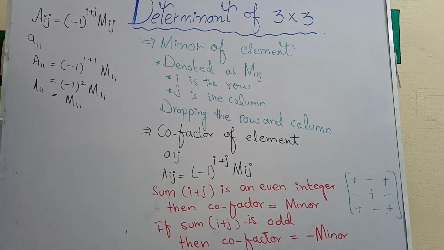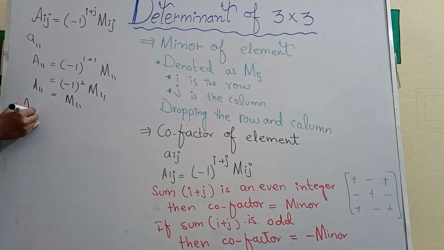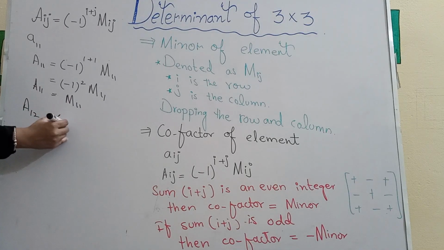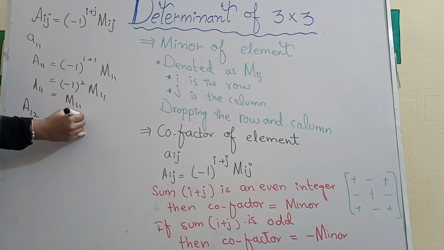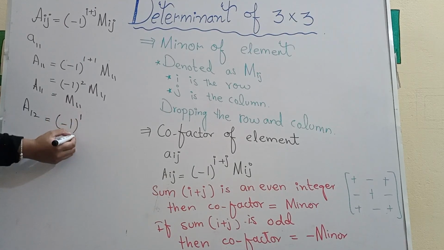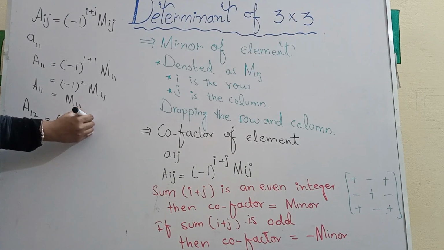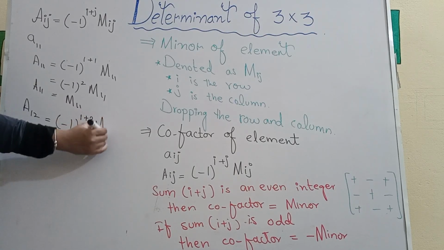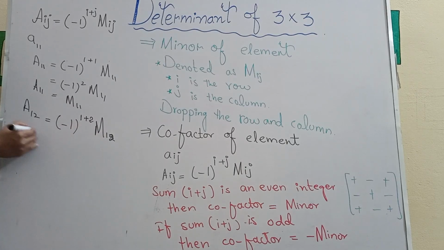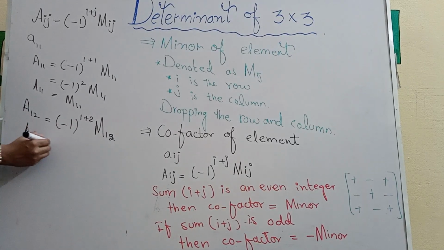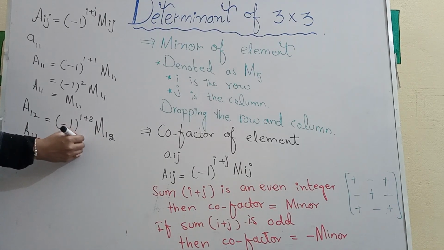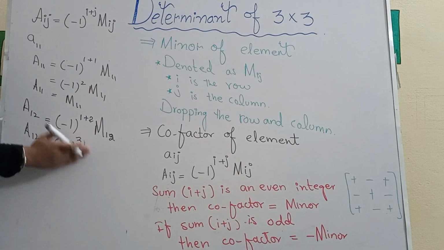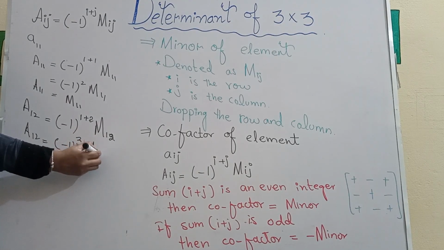Let's take an example of the negative cofactor. Let's suppose I am taking here 1 2, A12. For A12, same method, -1 to the power of, for I we have value 1, and for J we have value 2, and here the cofactor of the same number, that is 1 2. So here A12 becomes -1 power 3 and then M12.